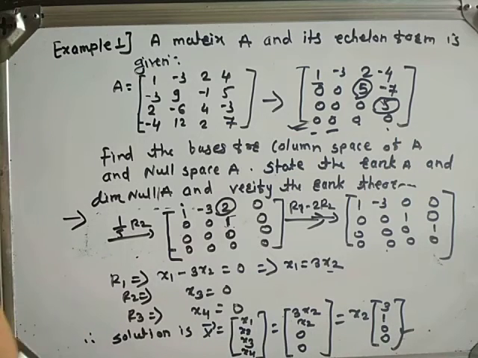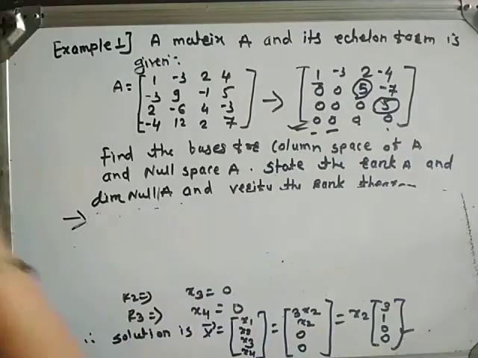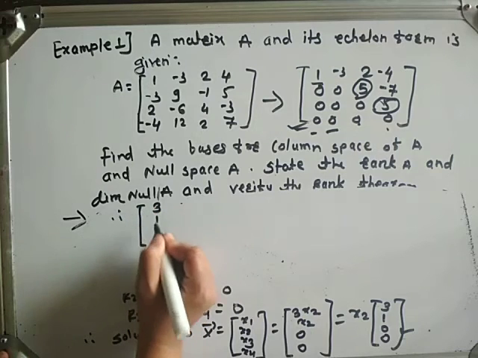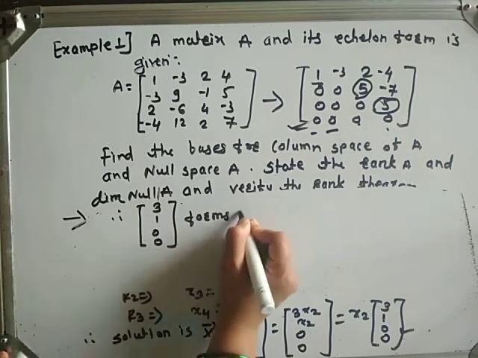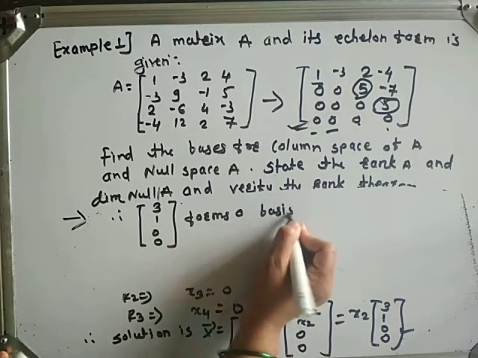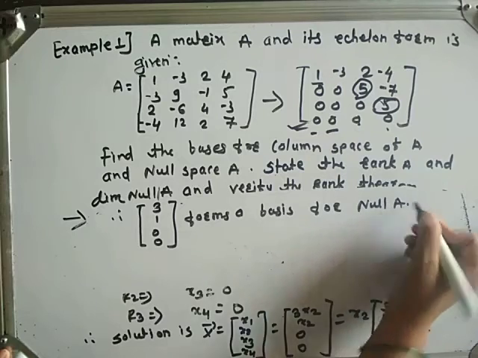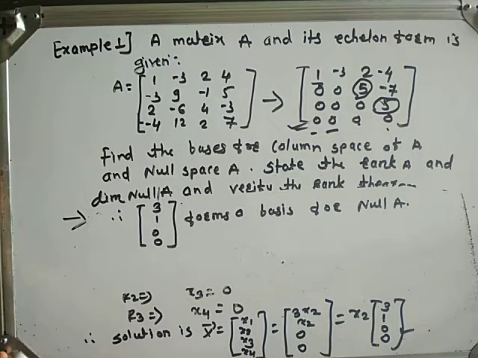This matrix forms a basis for null space of A. Therefore the matrix 3 1 0 0 forms a basis for null space of A. Okay.